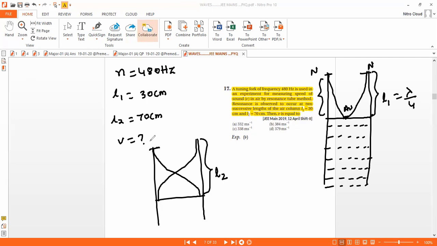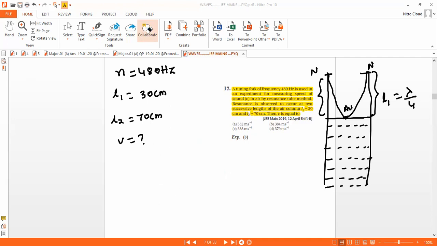Here it is node. At a resonant length we need to get antinode.